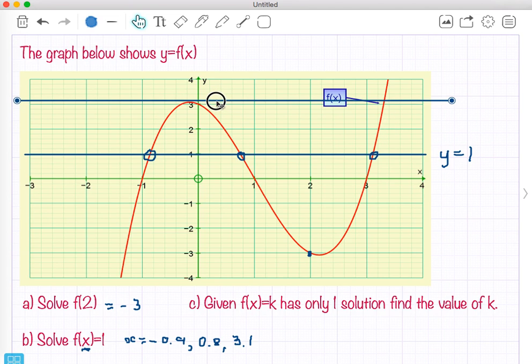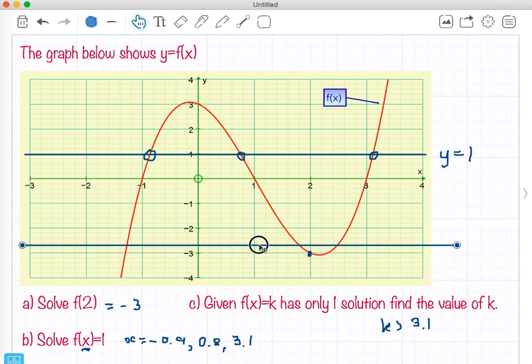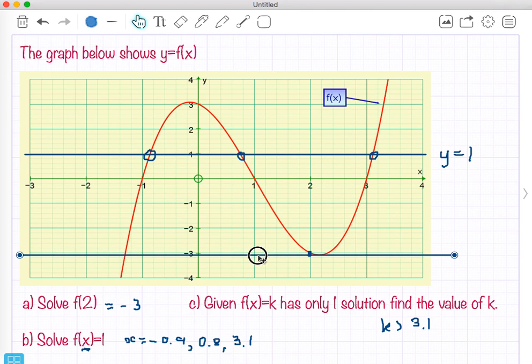So I want k to be maybe a tiny bit bigger than 3. So k has to be larger than the highest point of this graph, which is 3.1, roughly. But we can also move the k down to the minimum point of the graph there. So there's 3 solutions there. There's 2.